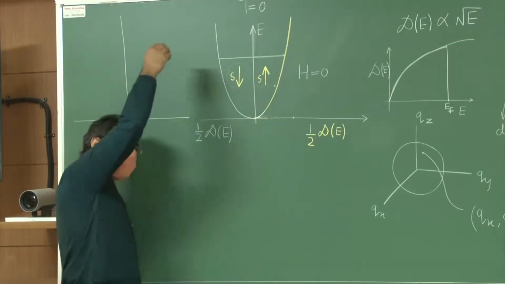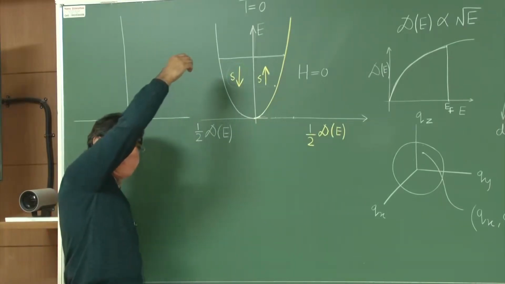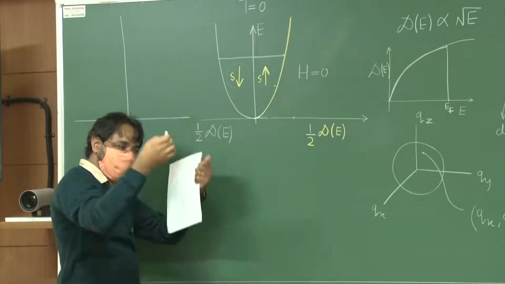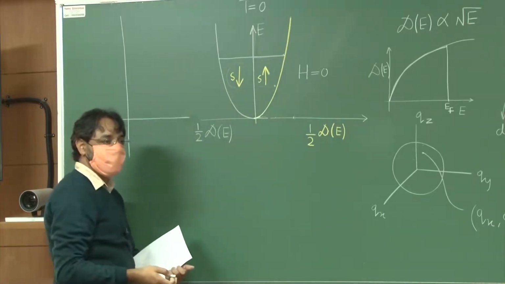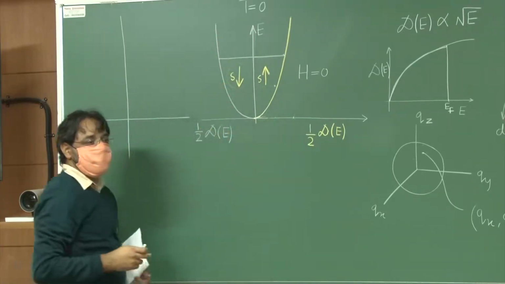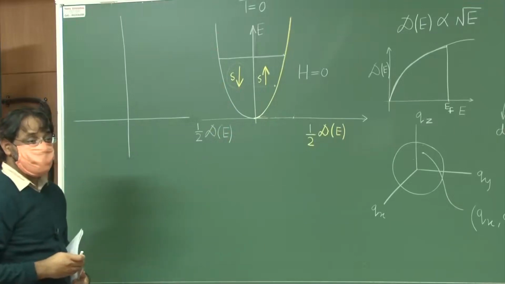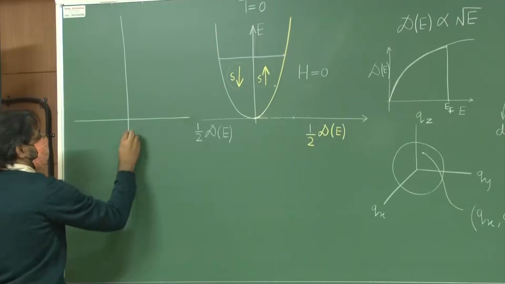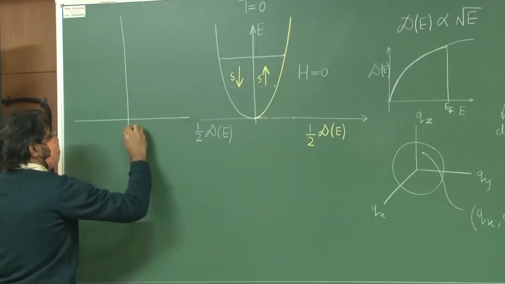The field is also pointing up. They are in a very happy situation. They will lower their energy. In the presence of magnetic field, their energy is going to lower, which means that this whole curve is going to come down by an amount equal to mu_B H, right. So, this side will then become like this.